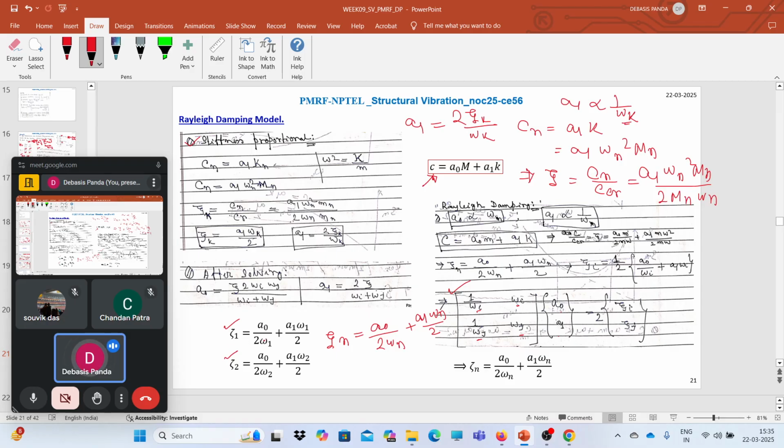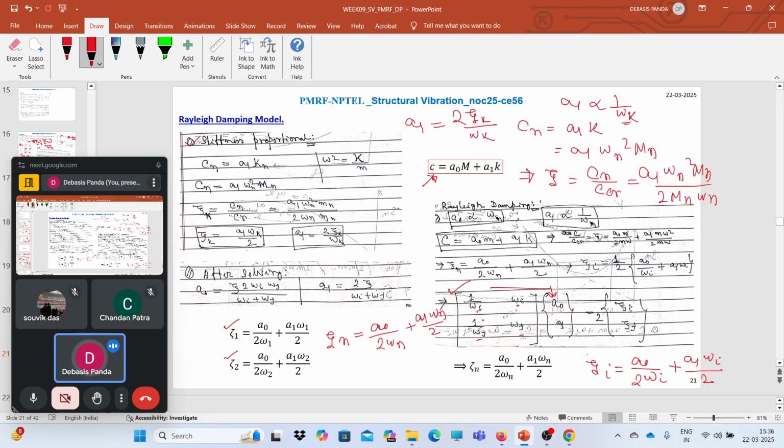I can express A naught by twice omega 1 plus A1 omega 1 by 2. So zeta i is equal to A naught by twice omega i plus A1 omega i by 2.